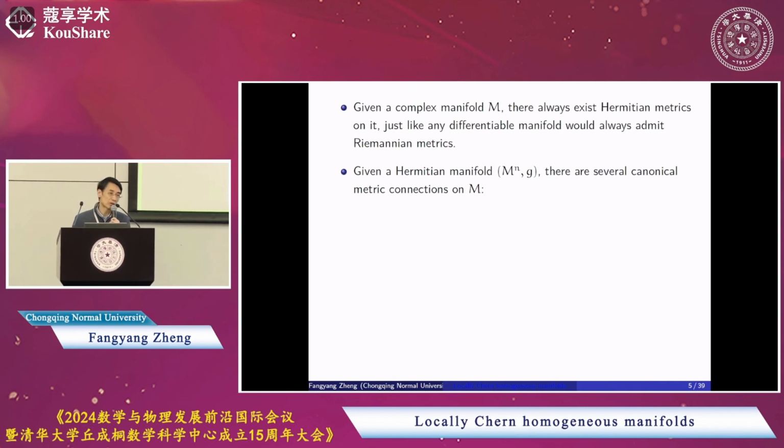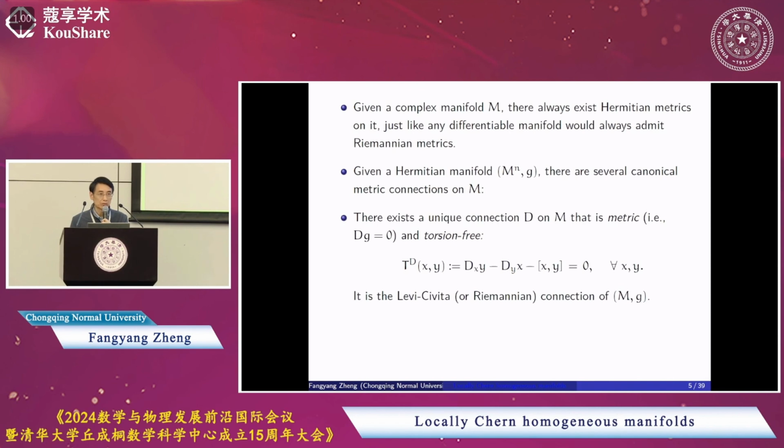But in order to do calculus, we need to have connections, right? So there are several canonical metric connections on M. The most well-known one is the Levi-Civita connection, which is the unique metric connection that is torsion-free. Torsion is this 2-1 type tensor measuring the symmetry of the connection.